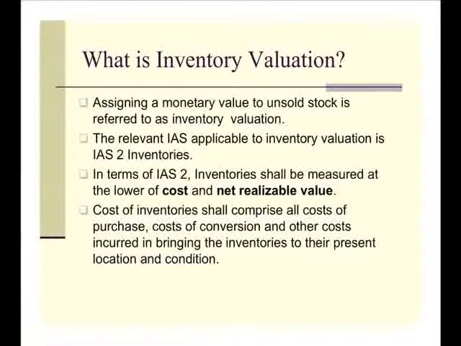Sometimes if it is vegetables, you have to clean them, and if you purchase in bulk, you have to put them into small quantities and repack them. So these are called conversion. And other costs incurred, like insurance, warehouse charges, transport, other costs incurred in bringing the inventories to the present location and condition. So all these are included in the cost of inventories.